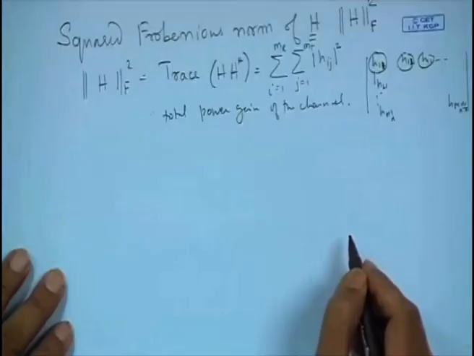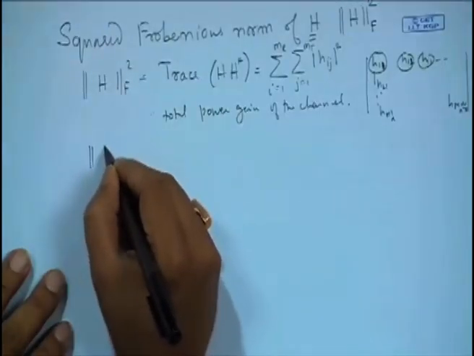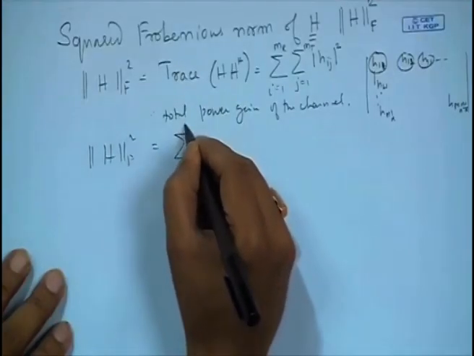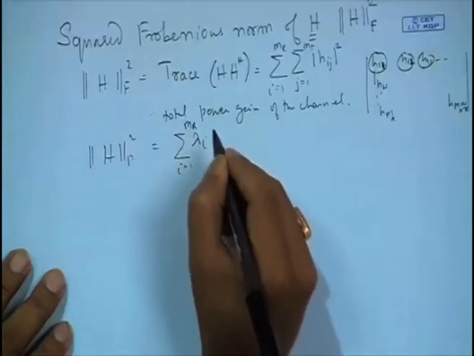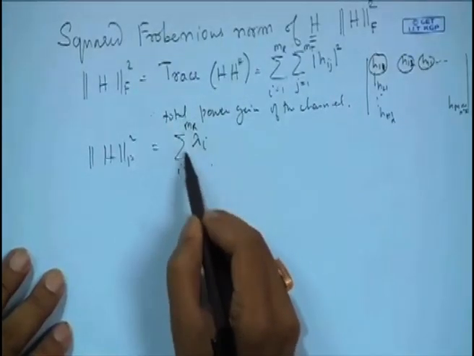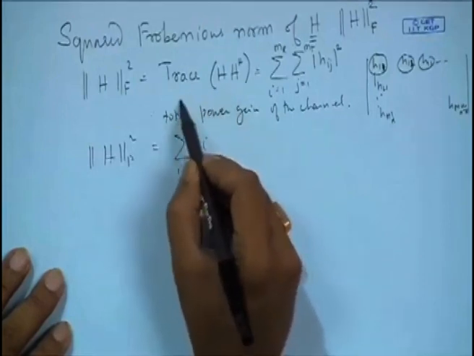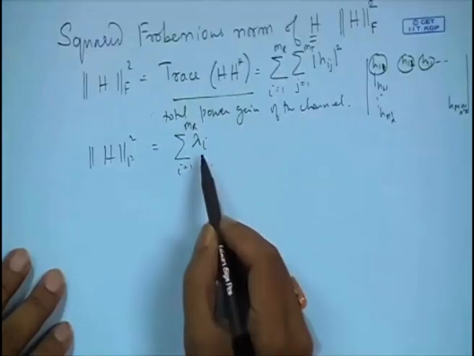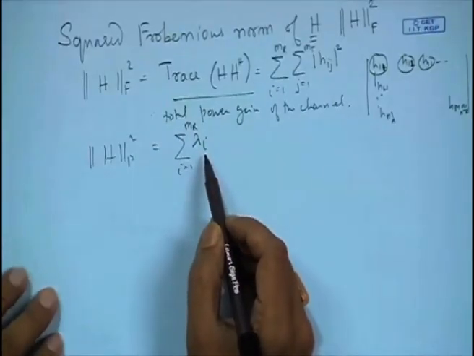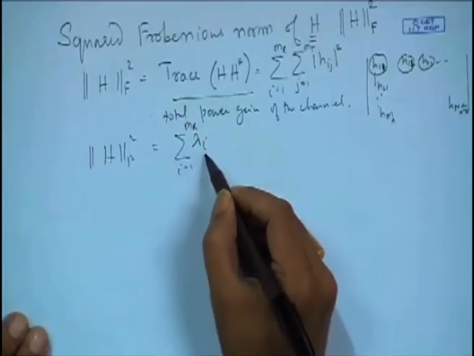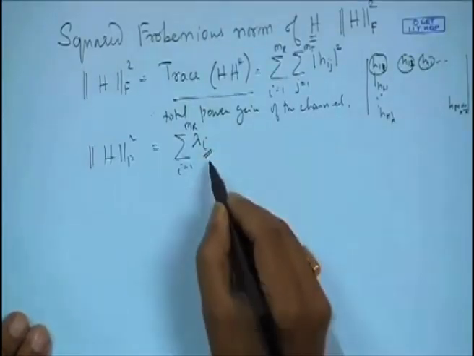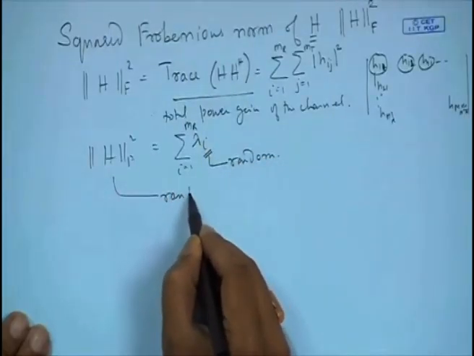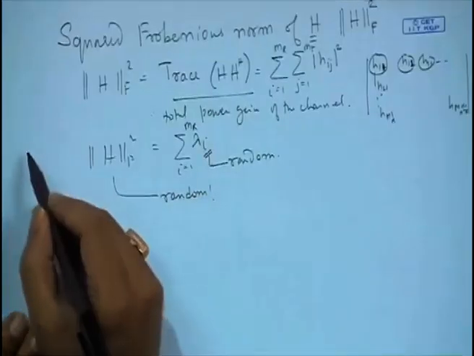This could be one way of expressing this, and we also have the expression that the norm of H squared is equal to the sum over i equals 1 to mr of lambda i. That means you are adding up all the eigenvalues. That is again from the trace of H Hermitian. Trace of H Hermitian is the sum of all the eigenvalues, where lambda i's are the eigenvalues of H Hermitian. Since lambda i's are random, as we said previously, this is also random, naturally, because H is random.